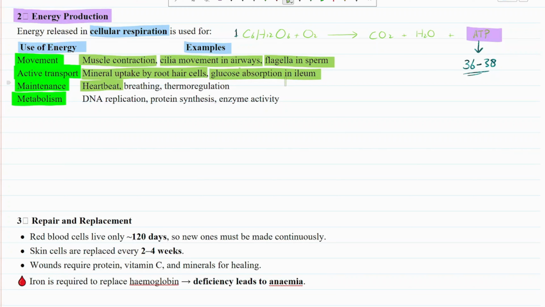Maintenance means heartbeat, maintenance of breathing and body temperature, thermoregulation, etc. Similarly, metabolism, like replication of DNA, protein synthesis, and enzyme activities in the body. So overall, these processes in the body are continuously happening, unending processes, and they need a continuous supply of energy. And this energy always comes from the breakdown of food in the body.